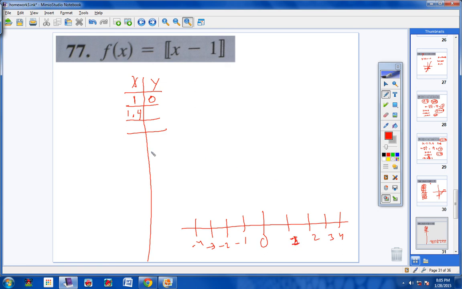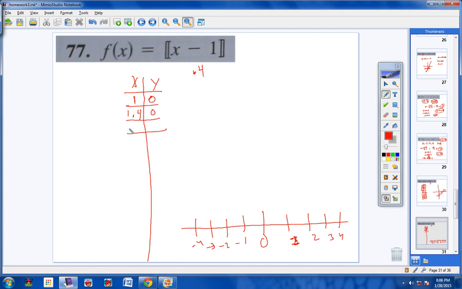Now, when you put 1.4 into x, you first have to simplify. So 1.4 minus 1 is going to be 0.4. So if you're at 0.4 on the number line right here, and then you go to the left, you'll get out 0 for your greatest integer.